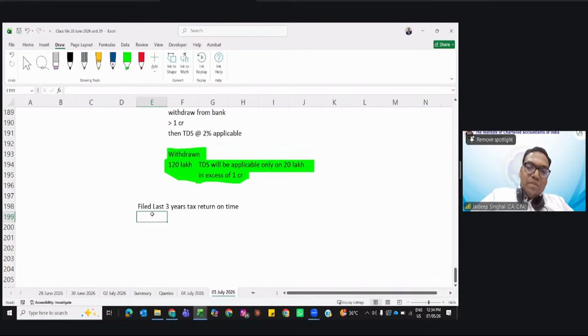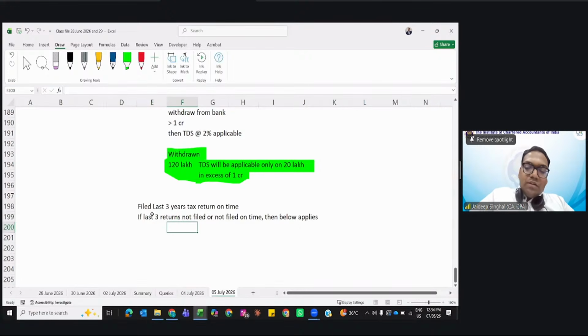If the last 3 returns are not filed, or not filed on time, then the below applies.